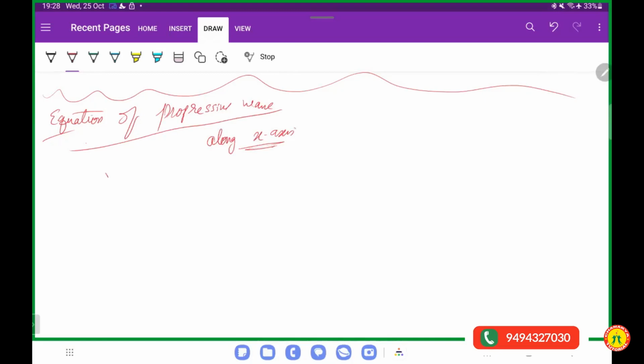If it's traveling along the x axis, y equals a sine(omega t minus kx). Y is the displacement, x is the location or point, t is time, a is the amplitude.